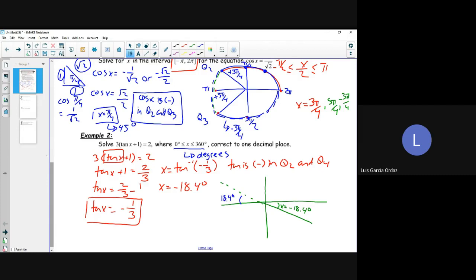So we want to find the angle from the origin to this terminal arm, and the angle from the origin all the way to the terminal arm in quadrant 4. So what two angles does this give us?